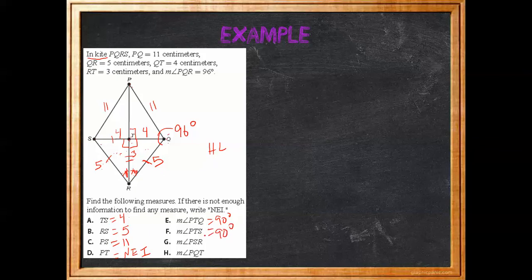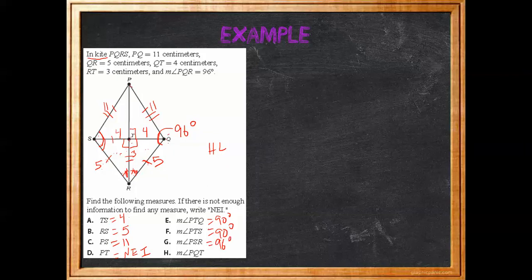PSR, this big angle right here: these sides are congruent, these sides are congruent, and this long diagonal is shared. So side, side, side makes these two triangles congruent. Again, because of CPCTC, this angle is congruent to this angle. So PSR is also going to equal 96 degrees.